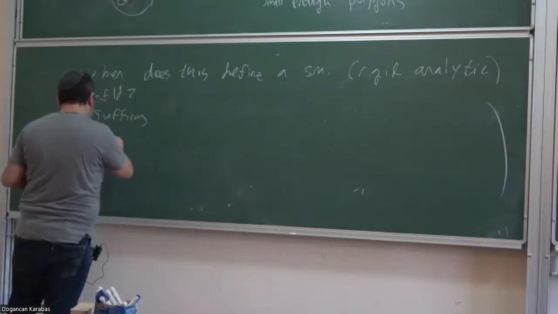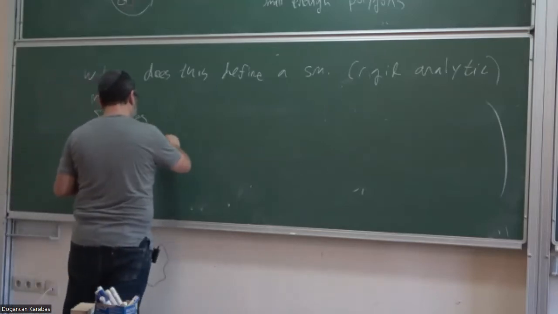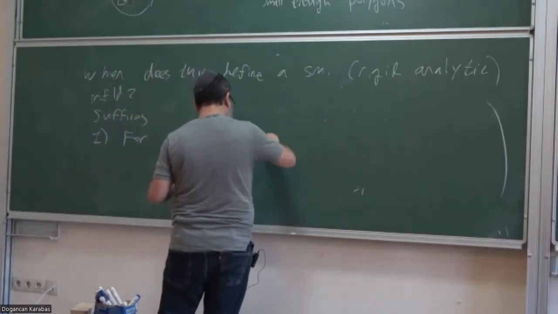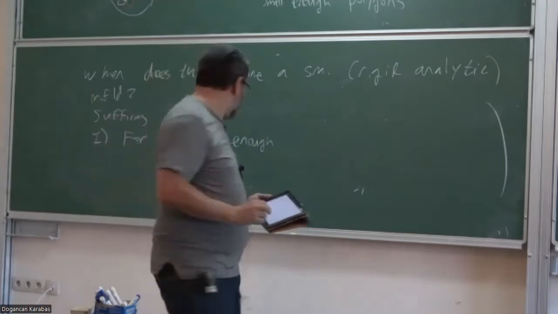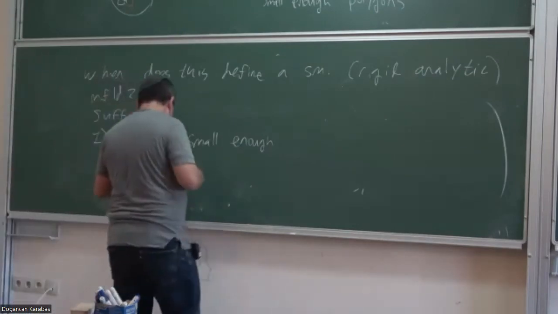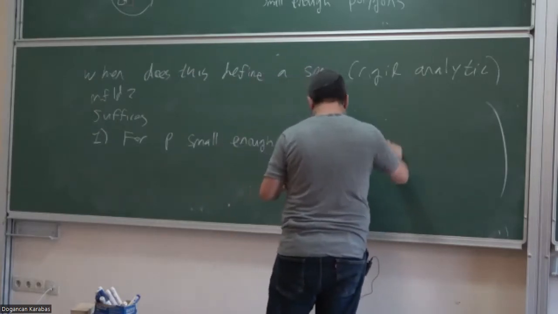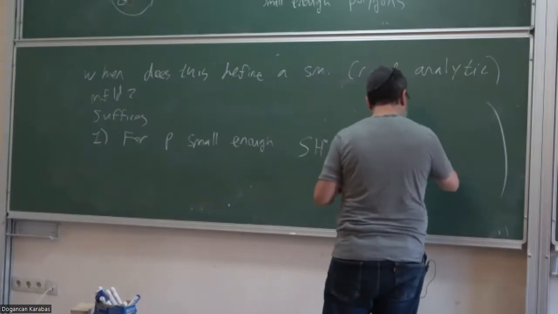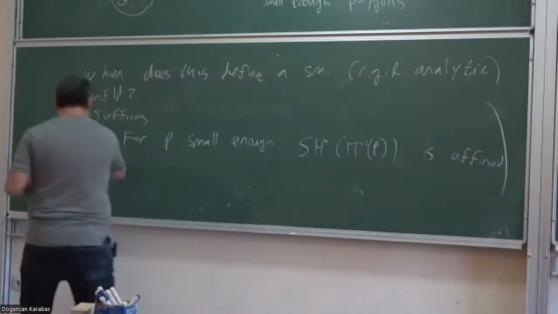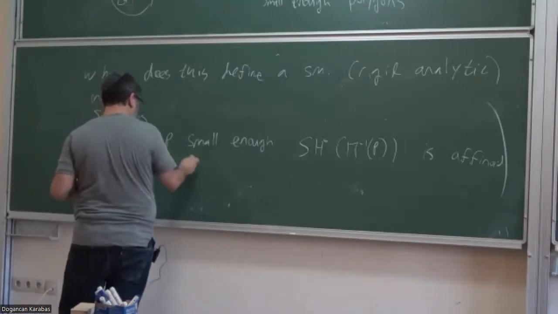I think we need to verify three things. One is that for P small enough, we want SH0 to be affinoid, of the right smooth, of the right dimension.